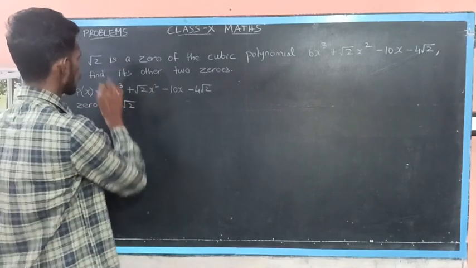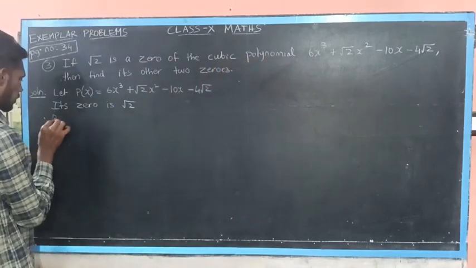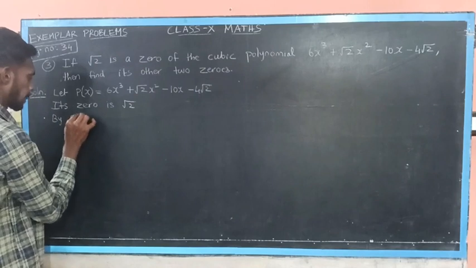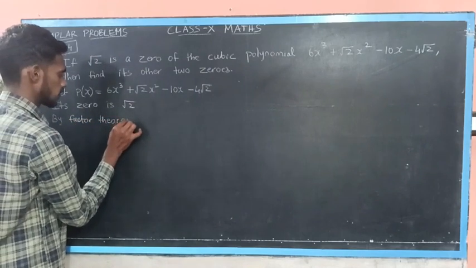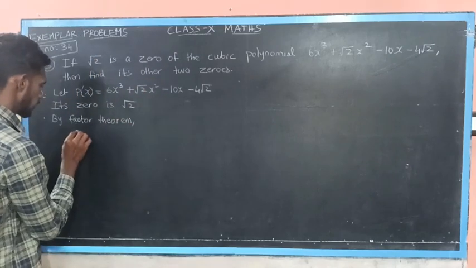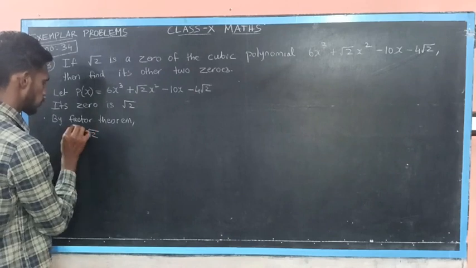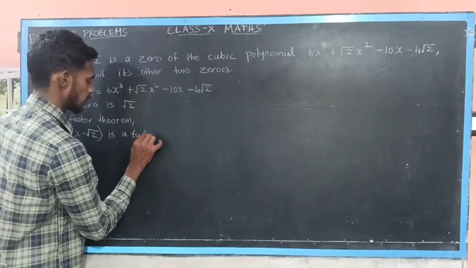They have given root 2 is the zero of the given polynomial p of x. So by the factor theorem, if root 2 is a zero of p of x, then x minus root 2 is a factor of p of x.